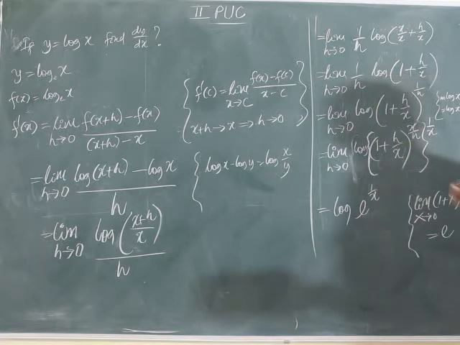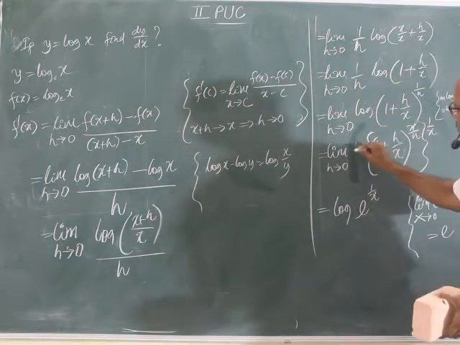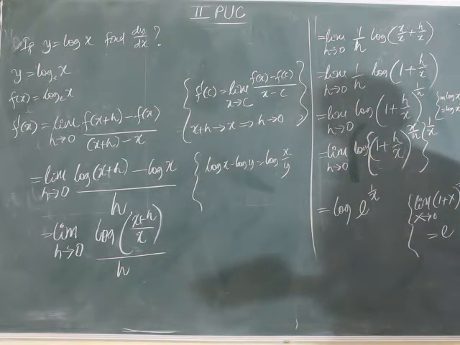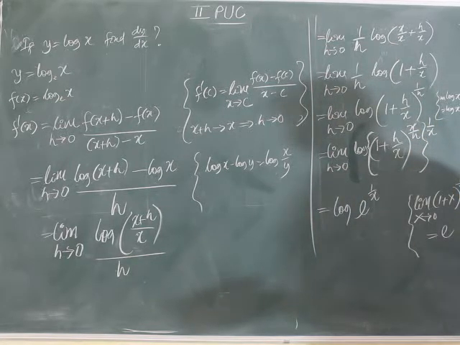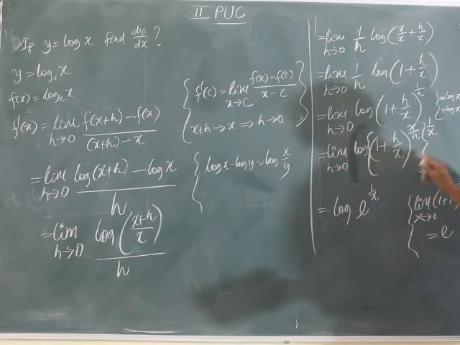After taking the limit, correct it, the bracket should be after log. x by h, 1 by x, x is 1 by h, same thing. Log of, after taking the limit, this is log of e to the power 1 by x.